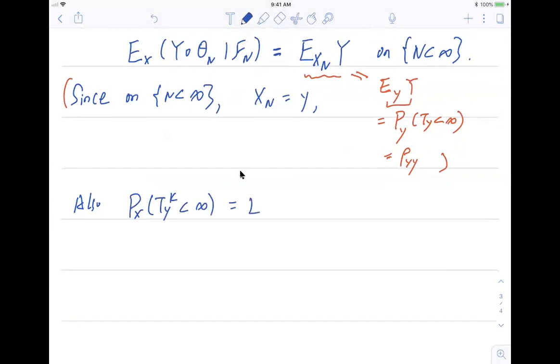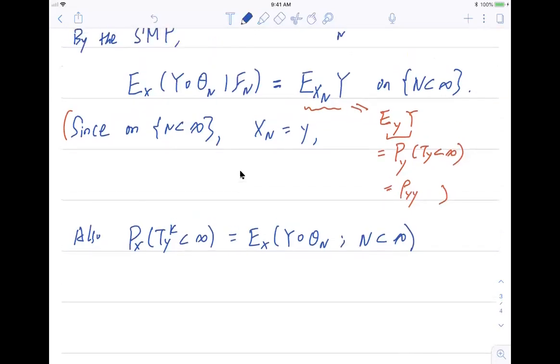You integrate, I will explain it slightly later. Why is the first equality true?